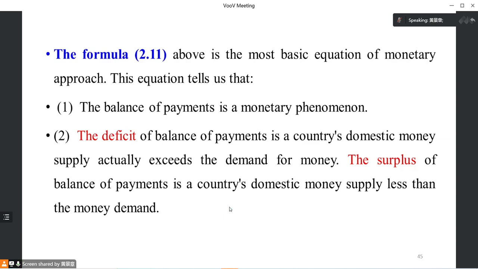So from the monetary approach, we should understand the current account balance can be explained by the monetary phenomenon.